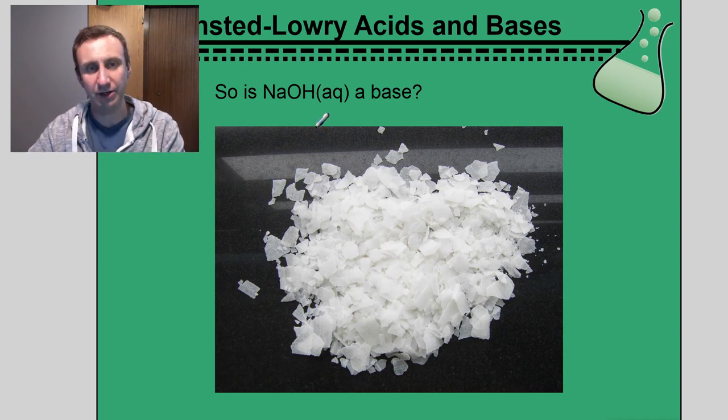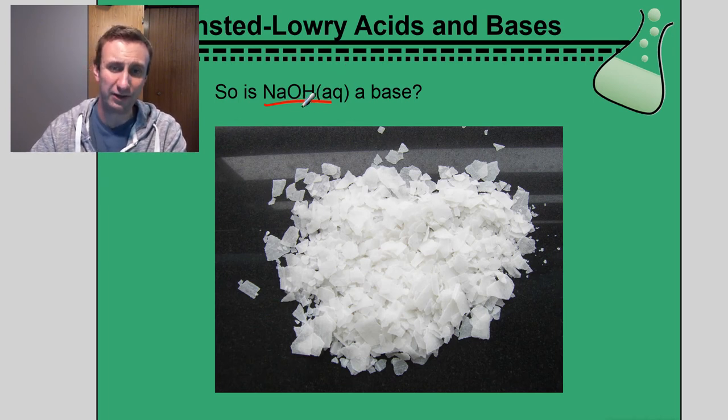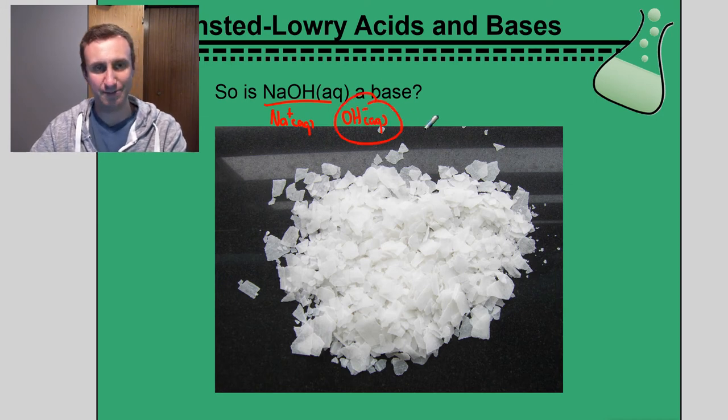So this is kind of an interesting question. Is NaOH aqueous a base? Well, kind of no. NaOH itself is not a base, but when I dissociate this into Na positive aqueous and OH minus aqueous, OH minus is the base. So this is the thing that can be a proton acceptor.